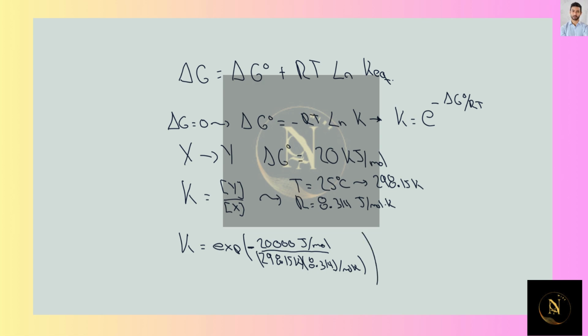As you can see, the units cancel out properly, joules with joules, Kelvin with Kelvin, and mole with mole. The value for that exponential is unitless as it should be.